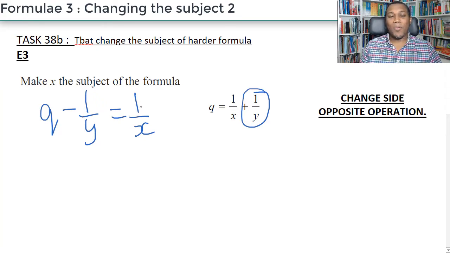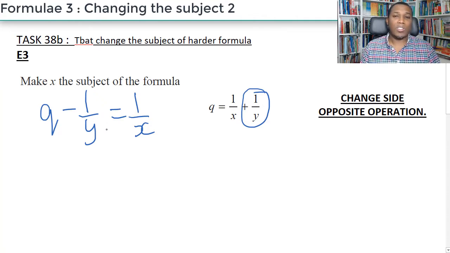Now, there might be a temptation here to think, reciprocals. If 1 on X is this expression on the left, then if I invert everything now, I'll have the answer and I'm done. If that came to your mind, no, it doesn't work, and you can try it with numbers and see that it won't work.